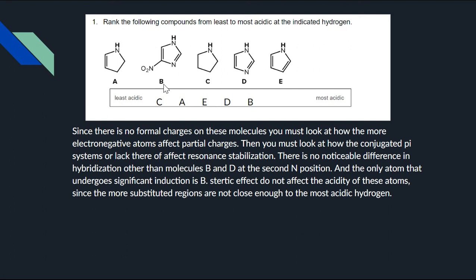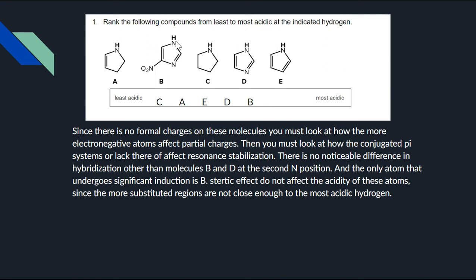So then if you're going to go down a little bit more, the only change in hybridization among these is the N at the bottom position in B and D, which makes the ring a little bit less stable actually, since it's a lower hybridization than say like an sp3 or something like that.